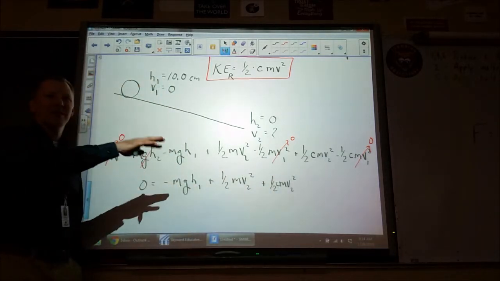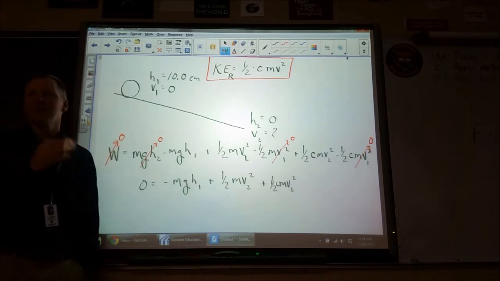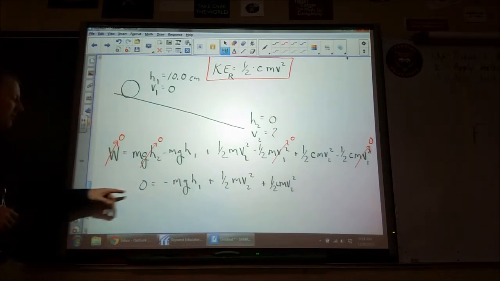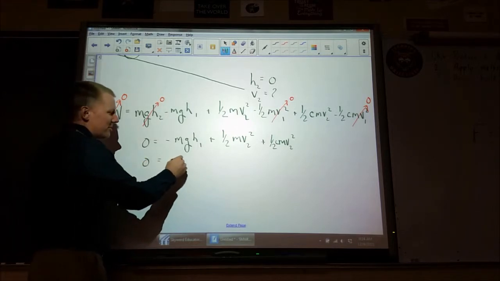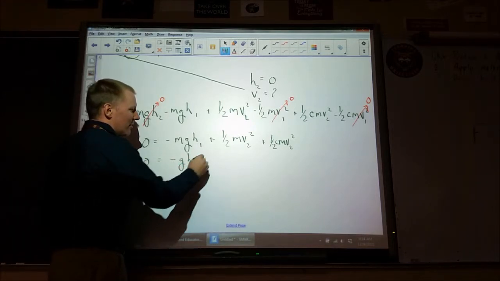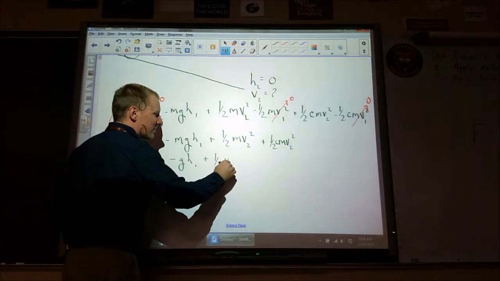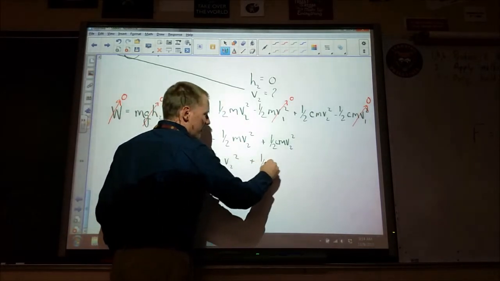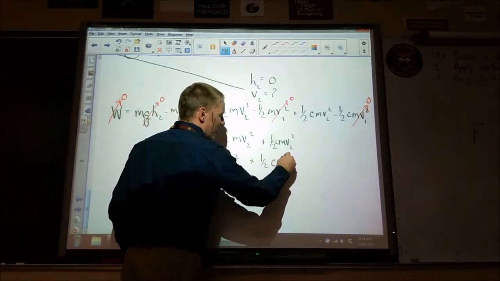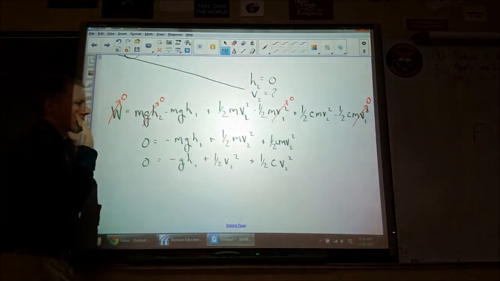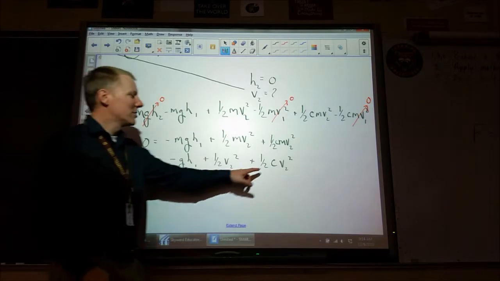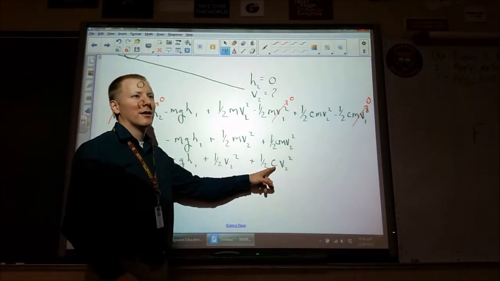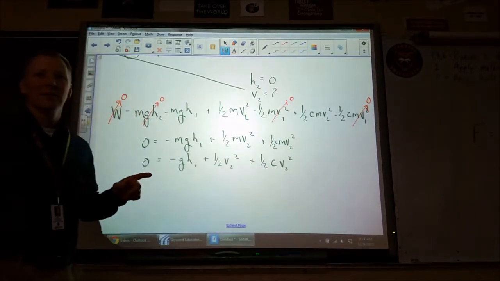If I divide everything by m, they just go away, because 0 divided by m is 0. Minus gh1 plus 1/2 v2 squared plus 1/2 c times v2 squared. Mass actually doesn't enter into this. The distribution of that mass enters in right here, but the actual mass doesn't.